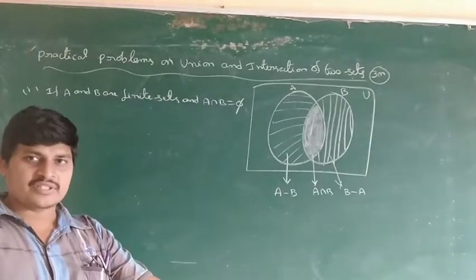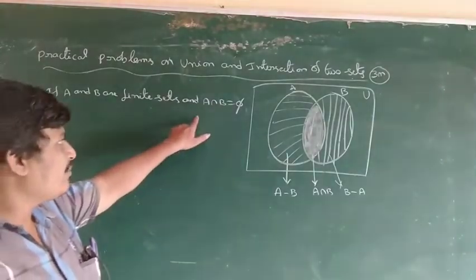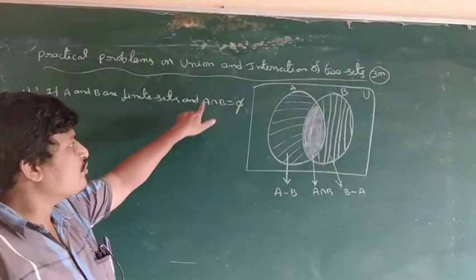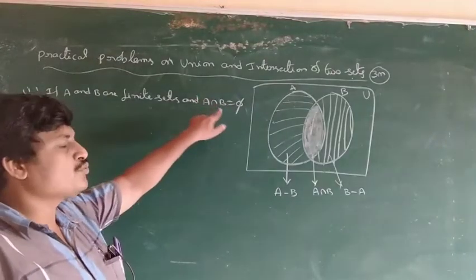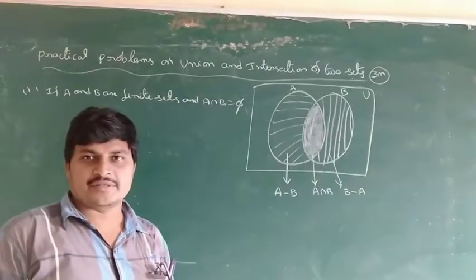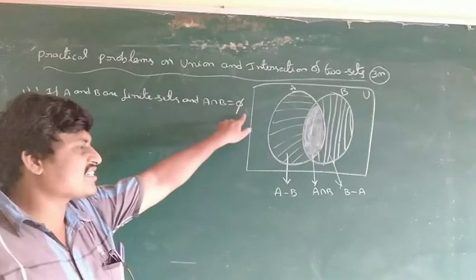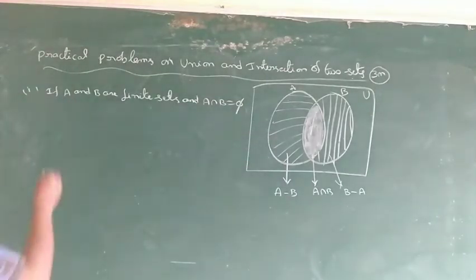Joint means combined, disjoint means separate. A intersection B equal to phi means there is no common element in these two sets.